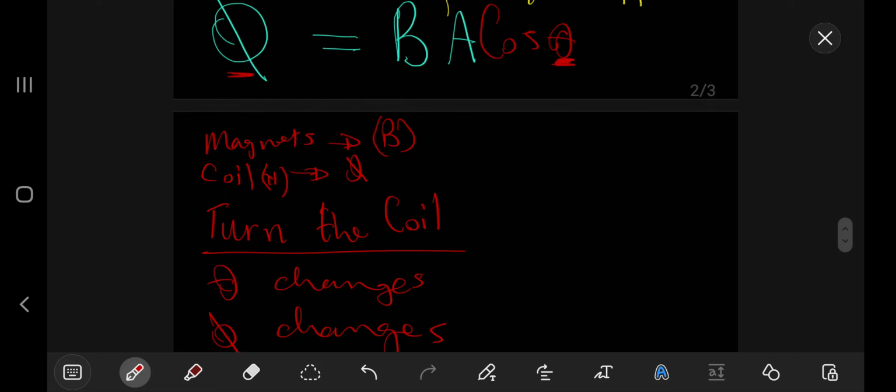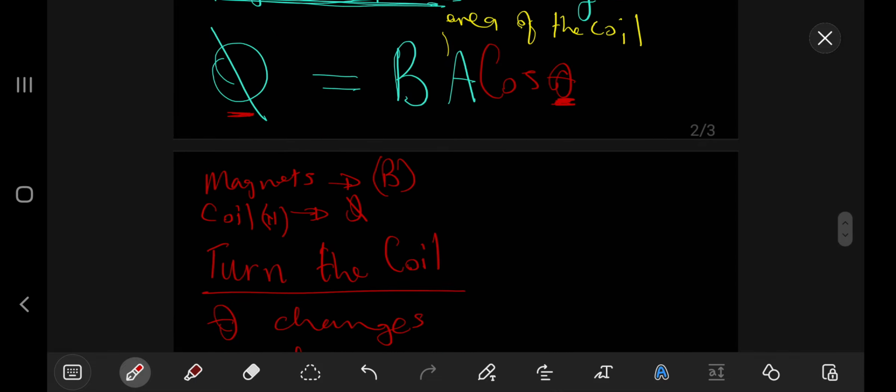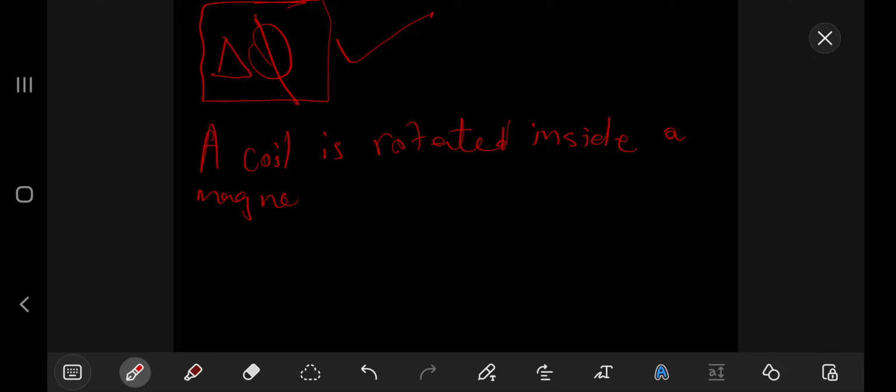All right, so let's do an example, let's calculate the magnetic flux, right? Let's say a coil is rotated inside a magnetic field of 0.5 Tesla.